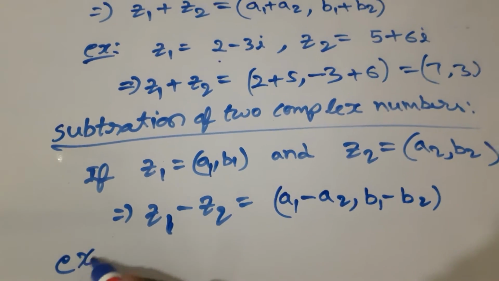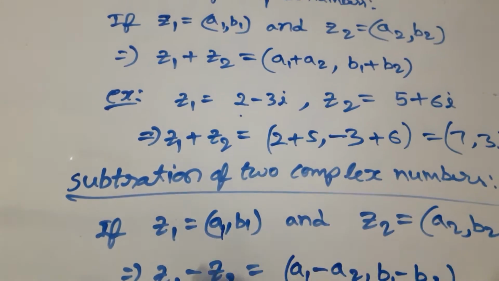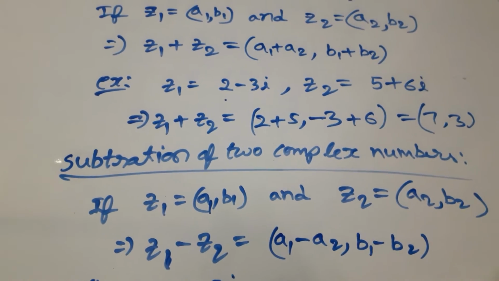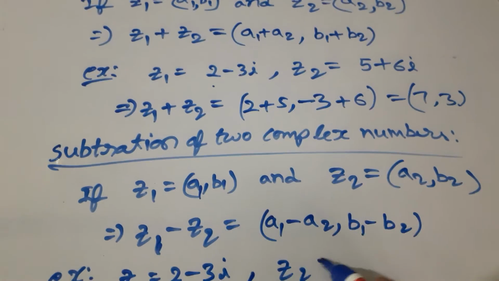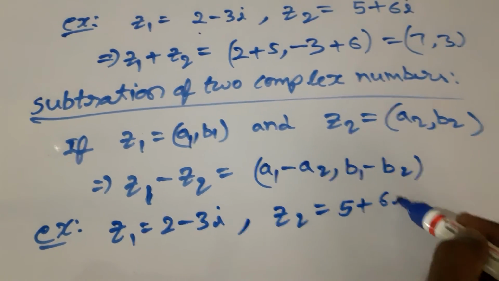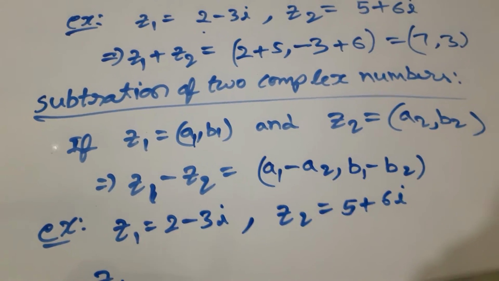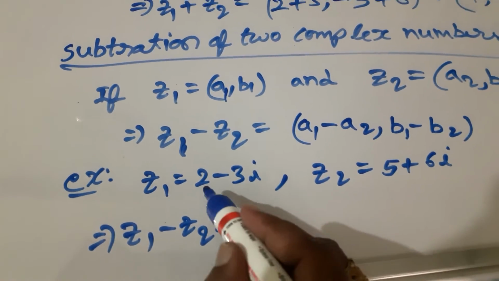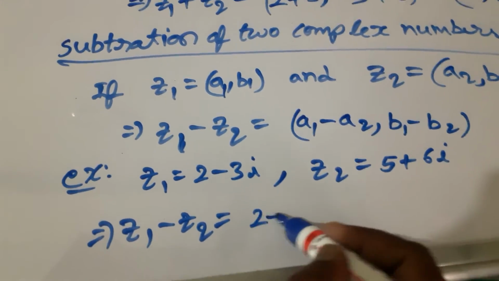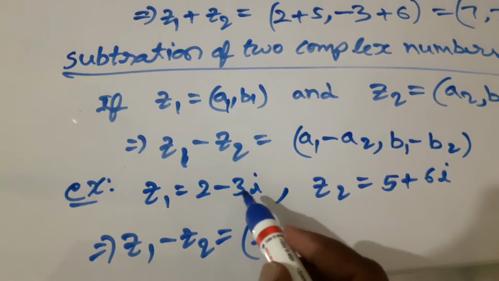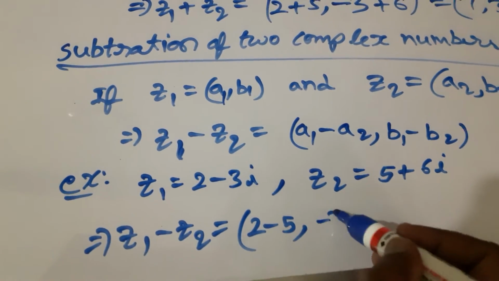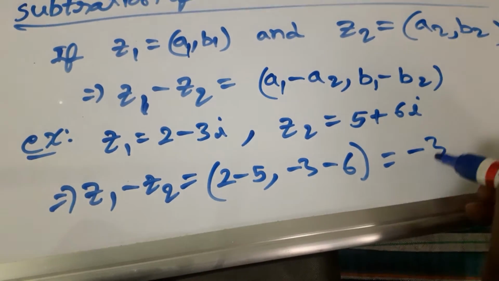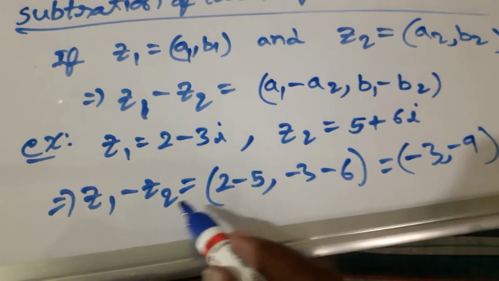For example, in the same problem, z1 equal to 2 minus 3i, z2 is equal to 5 plus 6i. z1 minus z2 equal to, subtracting the real parts you will get 2 minus 5, comma, this is minus 3 minus 6. So we are getting (minus 3, minus 9) in ordered pair form.